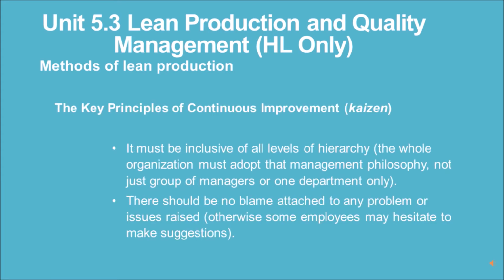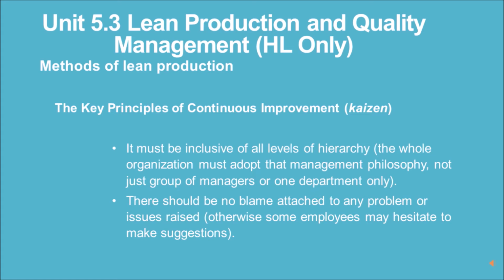The key principles of continuous improvement, Kaizen. It must be inclusive of all levels of hierarchy. The whole organization must adopt that management philosophy, not just a group of managers or one department only.